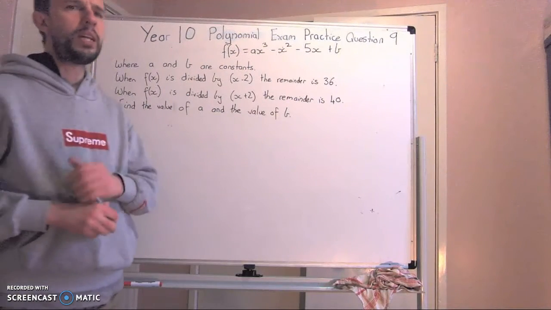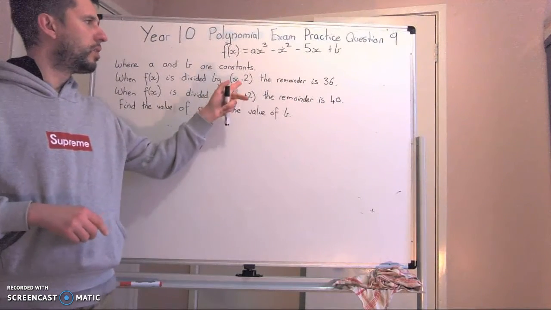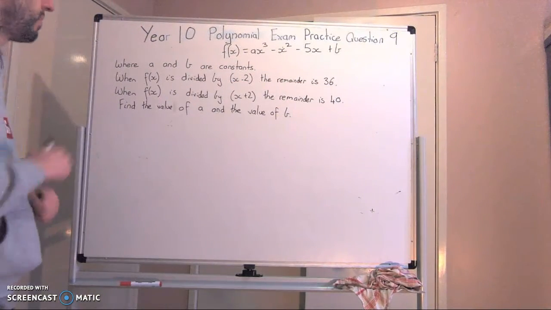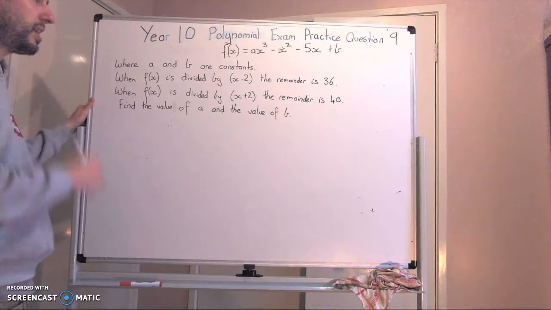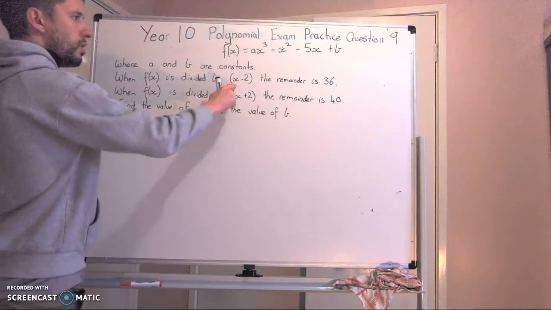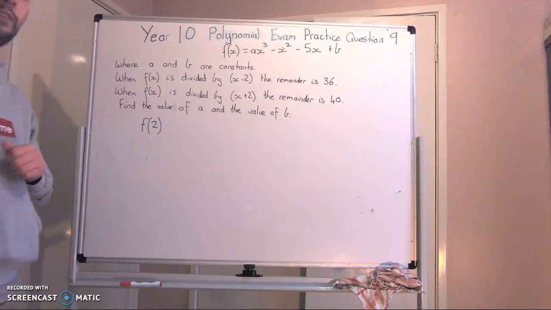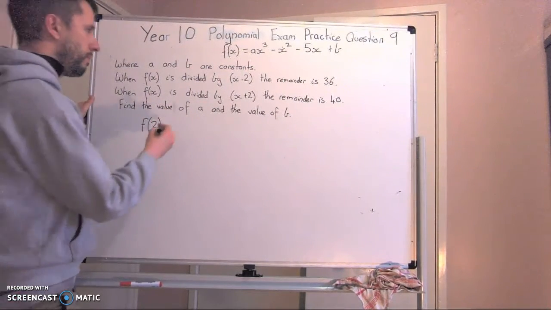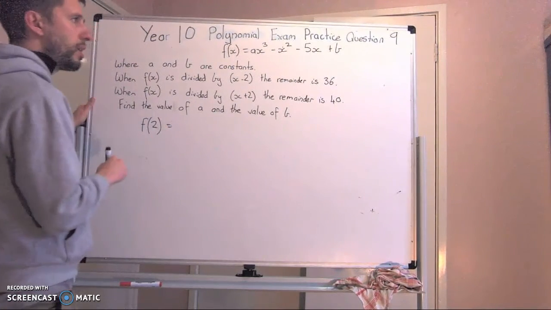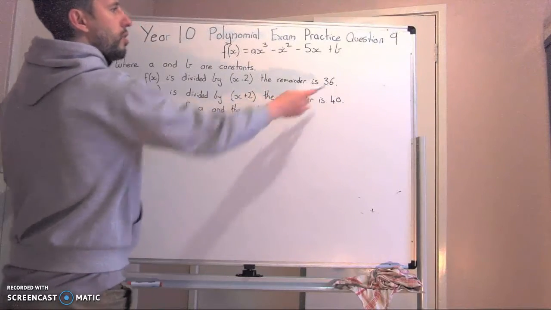So the first thing we need to think about is the remainder theorem. If something is not a factor, we are left with the remainder. So based on our understanding, to make this 0, x would be 2. The function when x is 2, if I put that into my equation, I am going to end up with 36 left over.